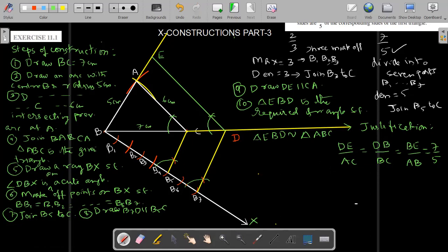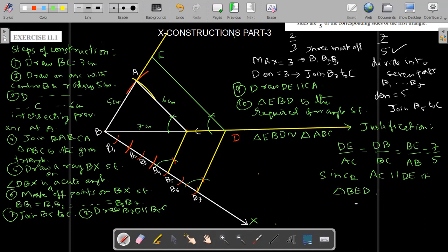Why is it equal? Since AC is parallel to DE in triangle, just write like this for justification.